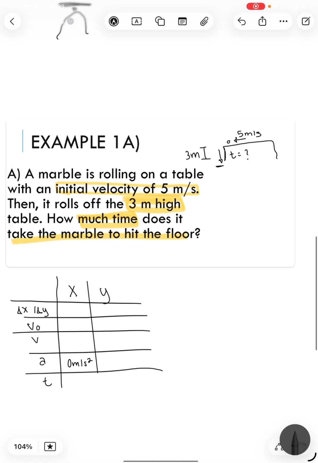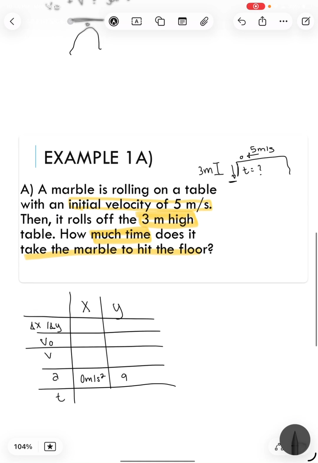Right. Then we know the acceleration in the y direction is 9.8 and it will always be that. So 9.8 meters per second squared. It's negative because it's going down, right? V naught in the y direction is 0 meters per second because the marble is rolling off the table. It's starting from rest, right?